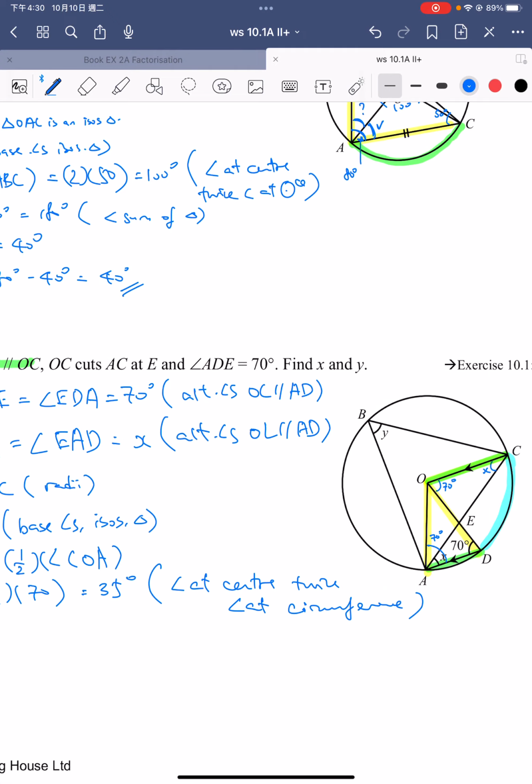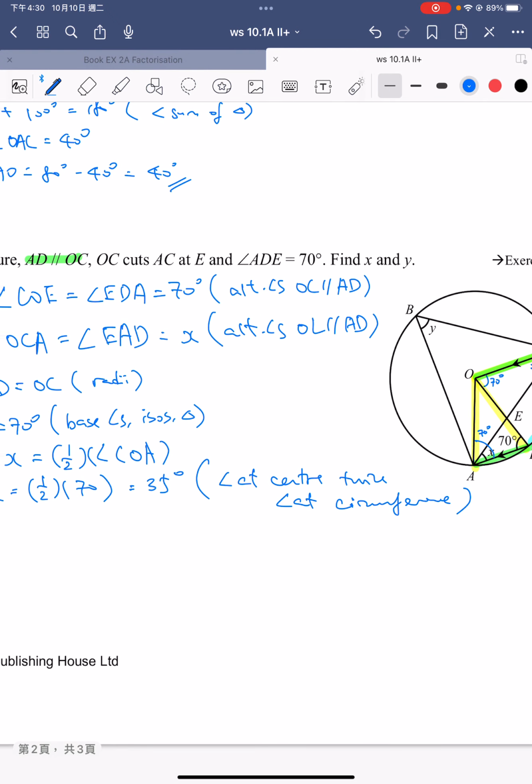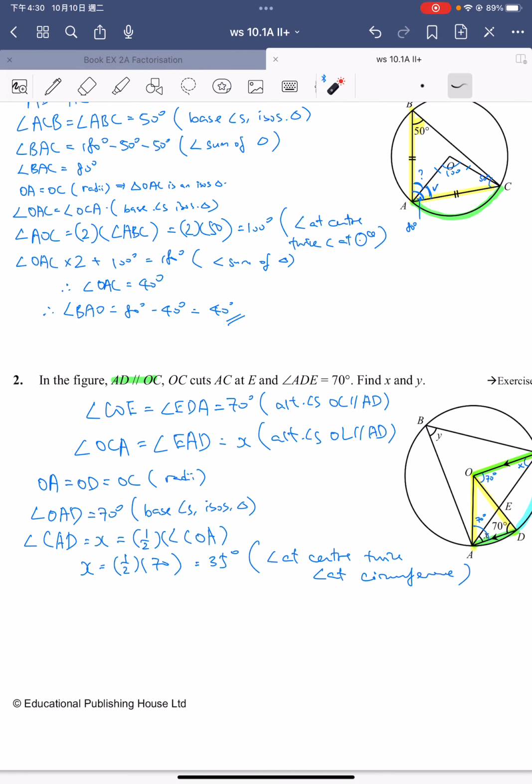So now we can find out the value of AOD. As we have, this is 70, this is 70, so we can use the angle sum of a triangle to find out the angle AOD is equal to 180 minus 70 minus 70.